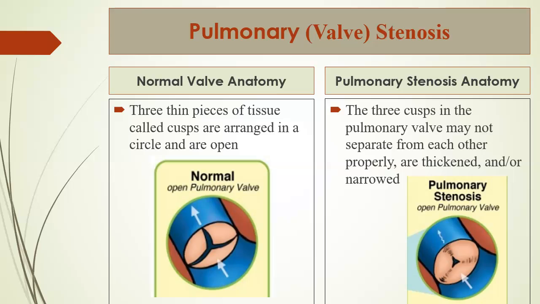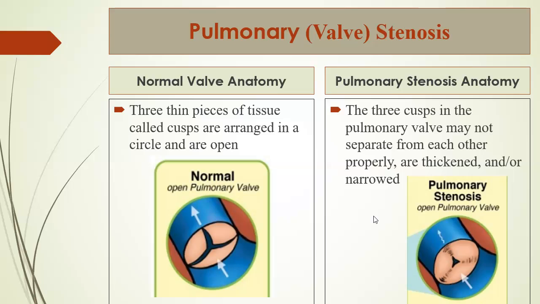So here you can see we are comparing and contrasting what a normal valve anatomy looks like versus a pulmonary stenosis valve anatomy. In your normal valve, you have these three pieces of tissue here. They're called cusps, and they're arranged in a circle and are open so that the blood can flow. These arrows indicate the direction of the blood flow.